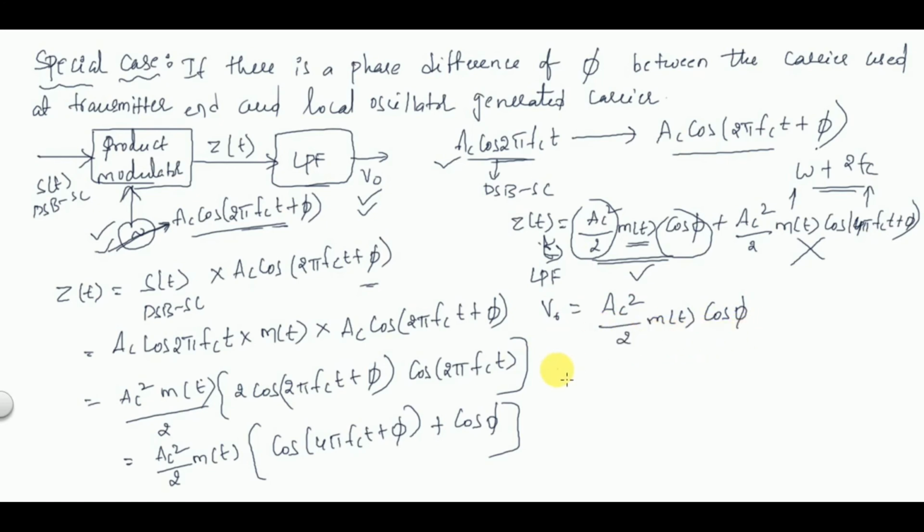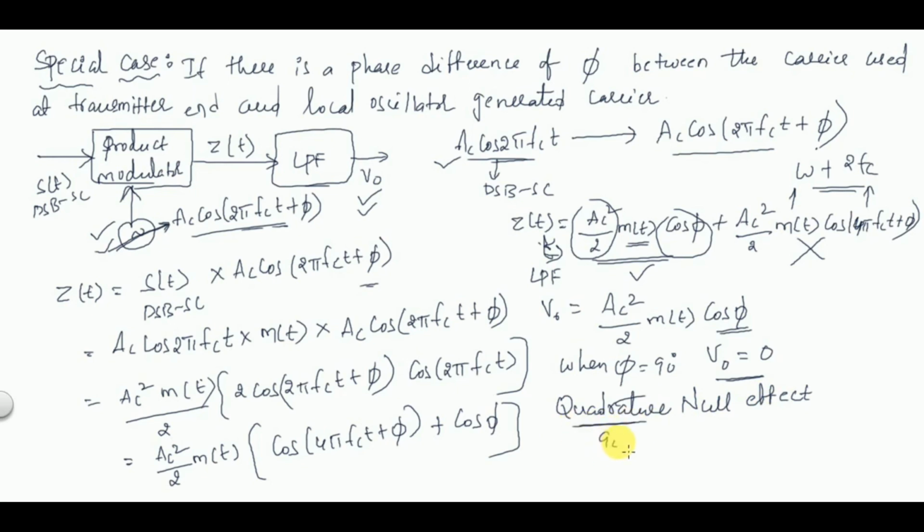When φ is equal to 90 degrees, V0 is equal to 0, because cos 90 is equal to 0. So when φ is 90 degrees, the output becomes 0, and there is no output at the synchronous detector. This effect is called the Quadrature Null Effect.